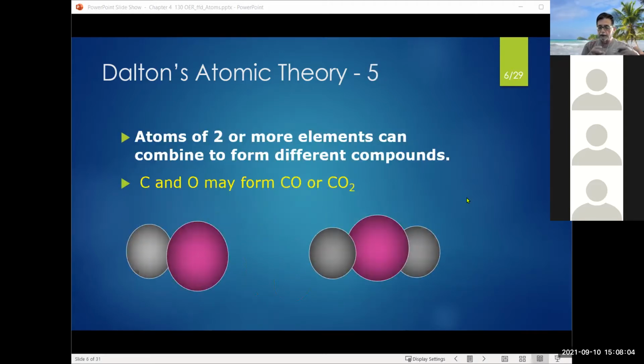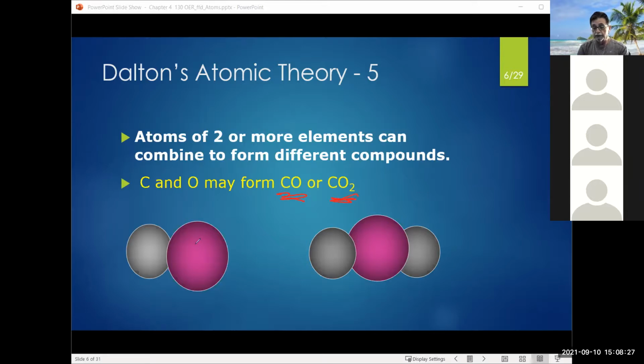Now, also, atoms of 2 different elements can combine to make 2 different compounds. A classic example is carbon monoxide and carbon dioxide.